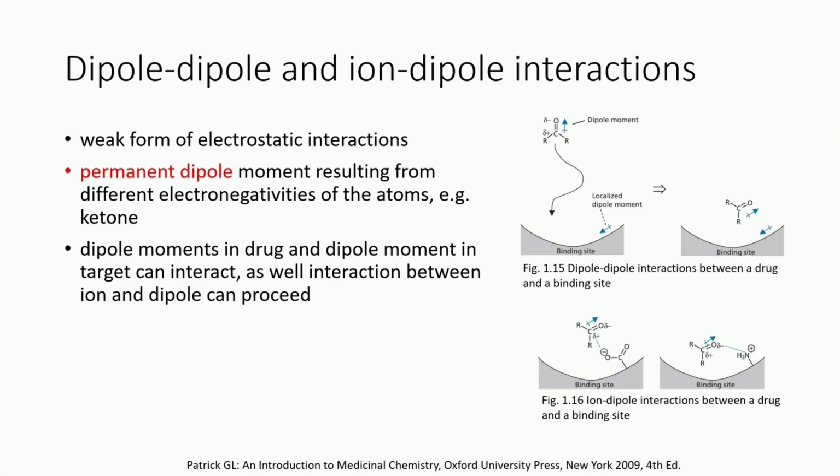So that was the halogen bond, and let's talk now about dipole-dipole or ion-dipole interactions. It is obvious that the ion-dipole interaction will be stronger than the dipole-dipole interaction because there is one charge in the interaction, and the dipole-dipole interaction is based on the permanent dipole in the drug, for example this carbonyl compound, and a dipole moment that is permanently present in any functional group in the binding site.